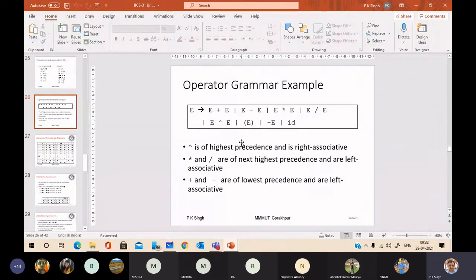Just see, this parsing is applicable only on expression grammar, to solve the various expressions having operators. So you just see this grammar, this expression grammar.